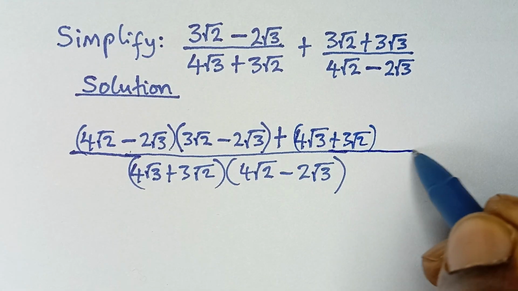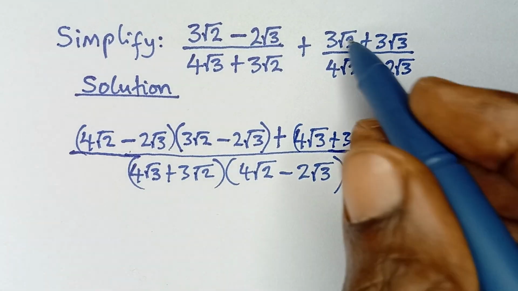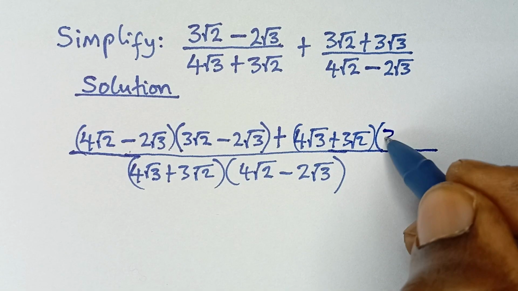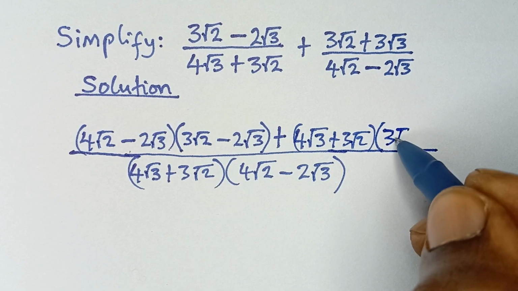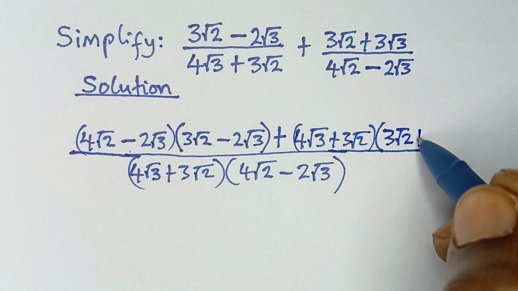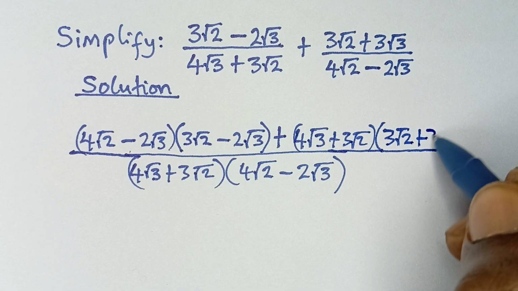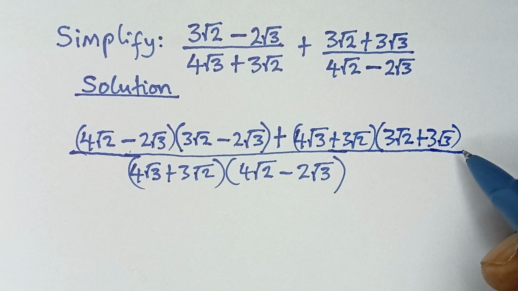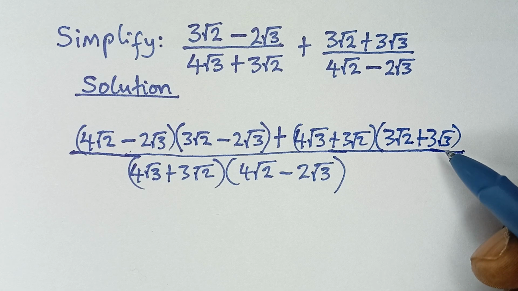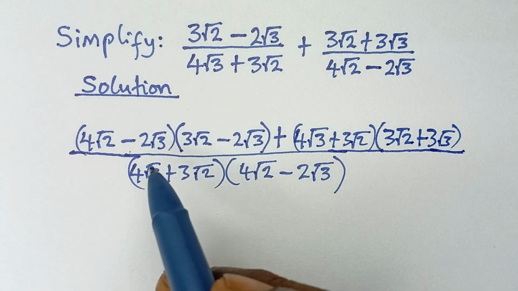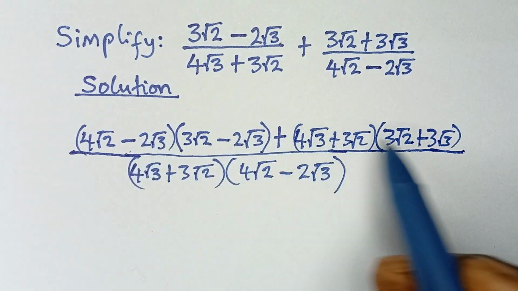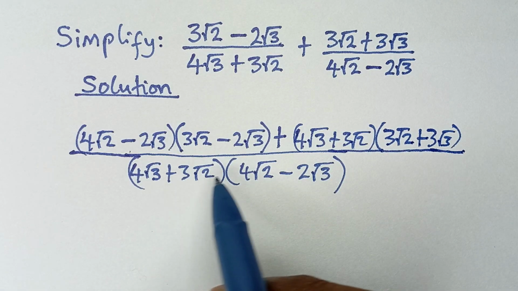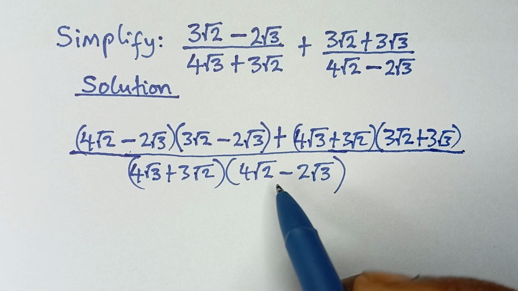That is what is left. Then that will be multiplying this upper part, which is 3 root 2 plus 3 root 3. That is what is left there. So now we are going to simplify the denominator and then we also simplify the numerator.